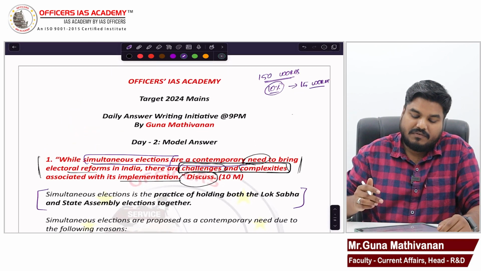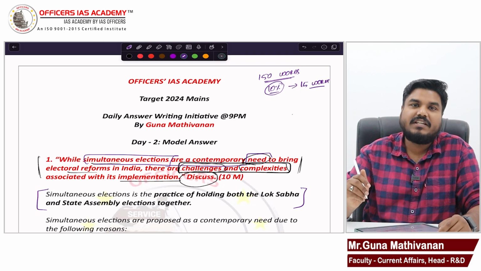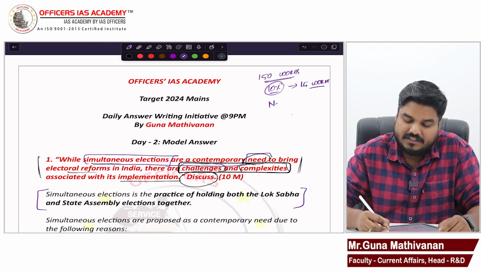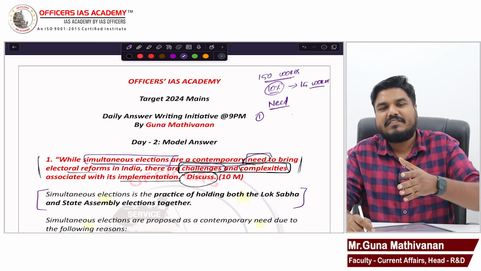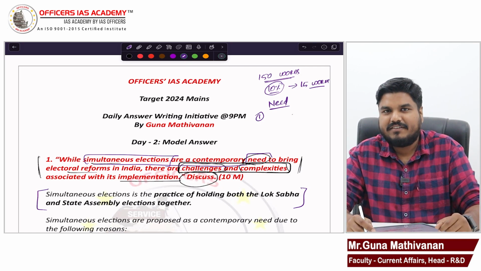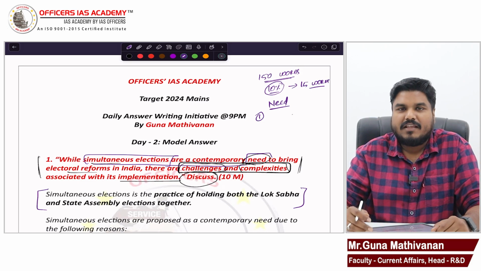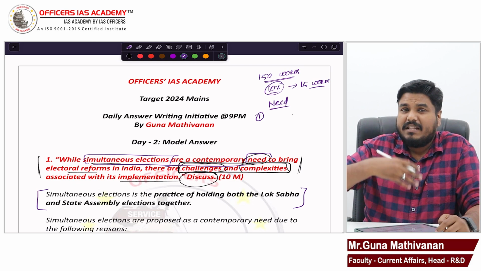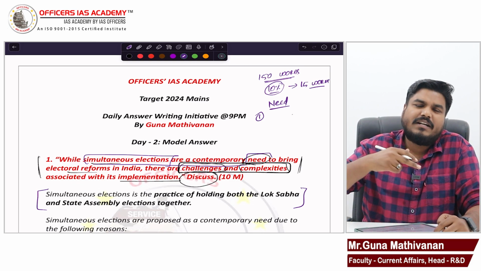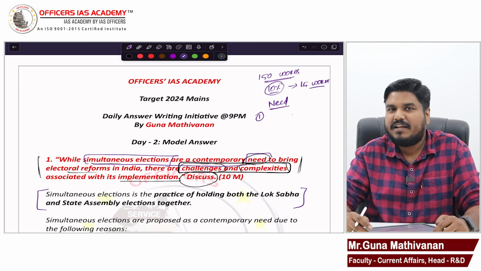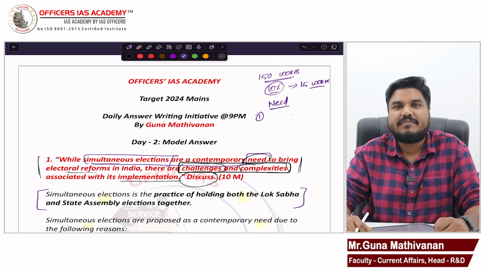Then what we have to do: the question talks about need. What is the need to bring those reforms in India? Address the need one by one. We have discussed in the hit list topic where I have explained the needs. I said that with multiple elections, 200 days we are spending on elections. This is making the delivery of essential public services difficult.